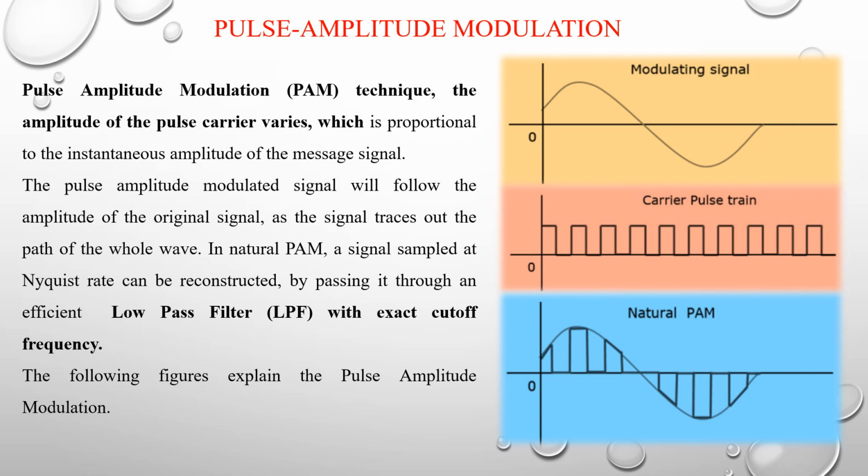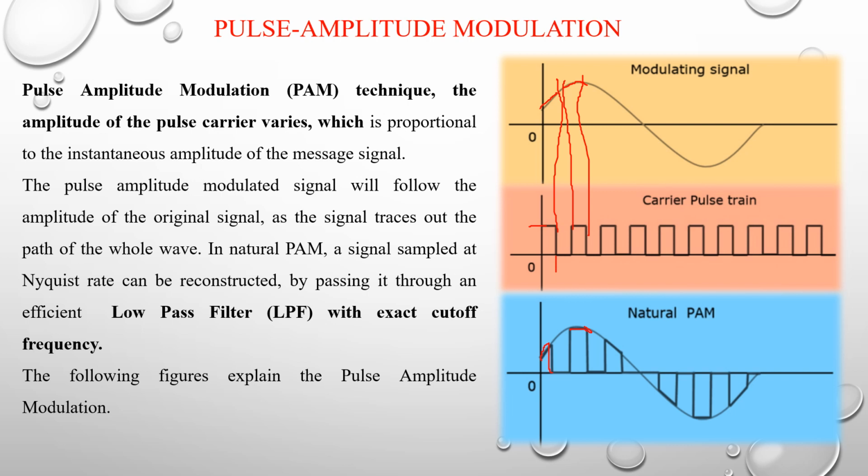So this is the first interval, and this is the amplitude level of the pulse train. This interval is multiplied with the modulating signal. This is the amplitude level of the modulating signal, and this is the resulting level and the resulting pulse. This is the second interval, and this is the amplitude level of the signal and the resulting amplitude level.